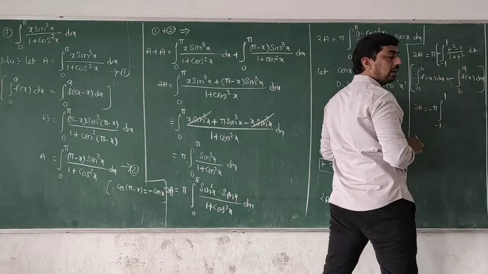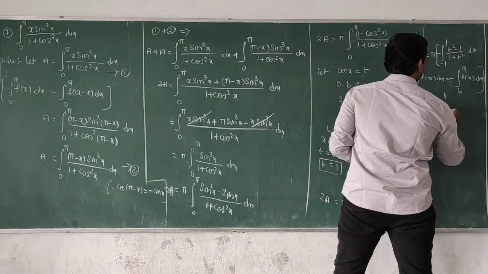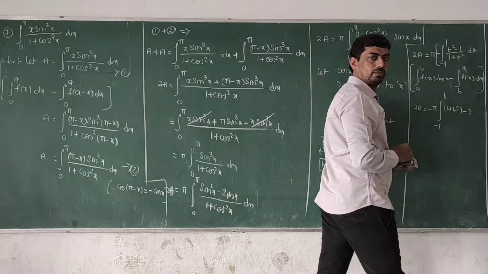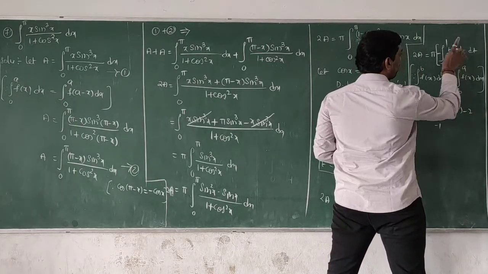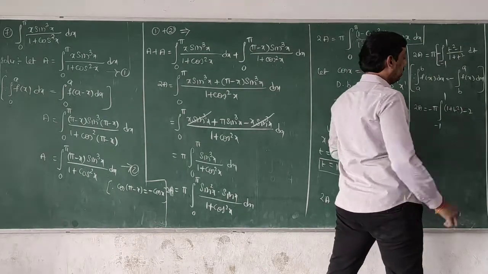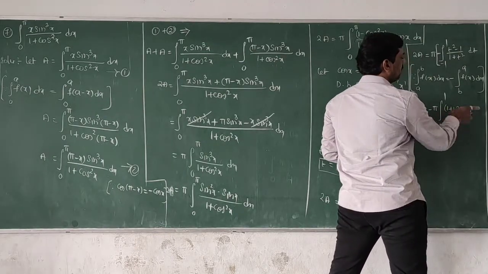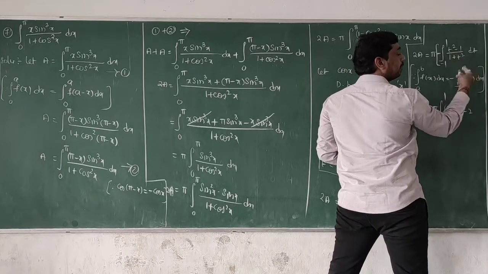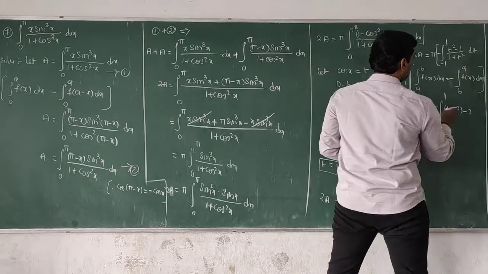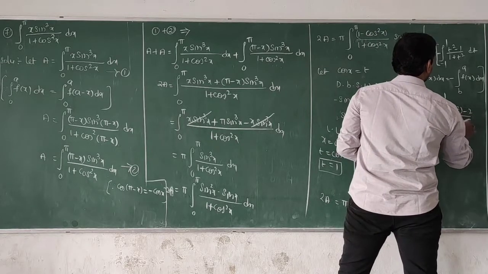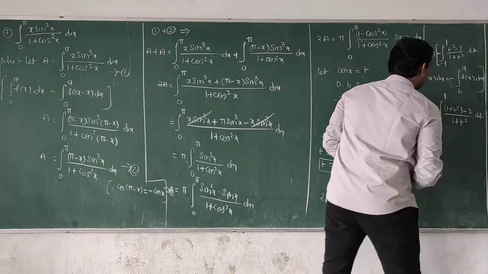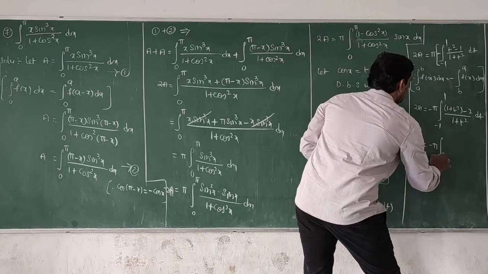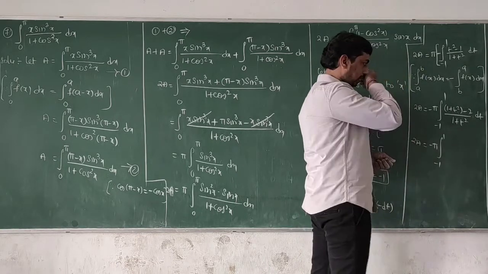2a equal to minus pi into integration minus 1 to 1, this one t square minus 1. That can be written as 1 plus t square minus 2, or not? Simply add 1, subtract 1: 1 plus 1, minus 1, minus 1, minus 2. Clear? By 1 plus t square into dt. 2a equal to minus pi into integration minus 1 to 1.